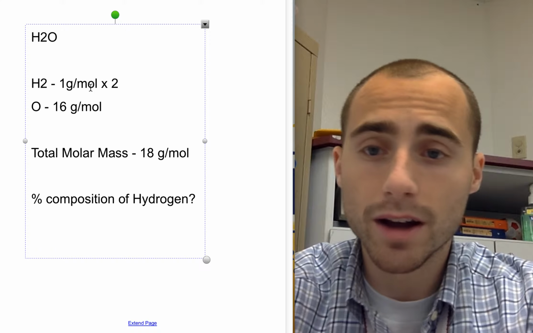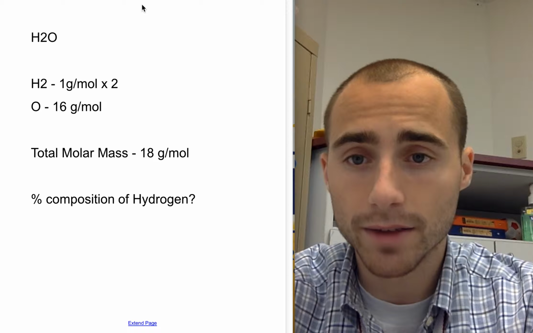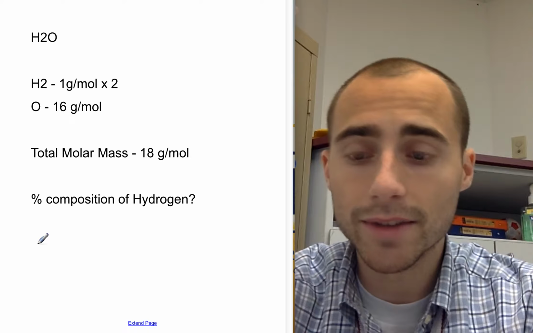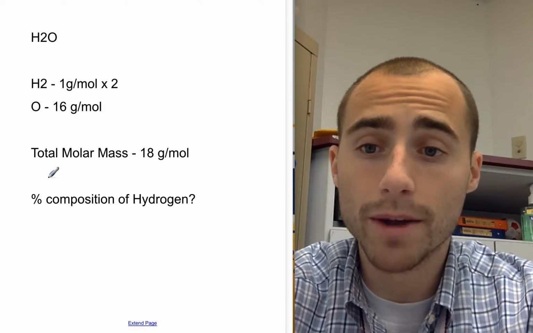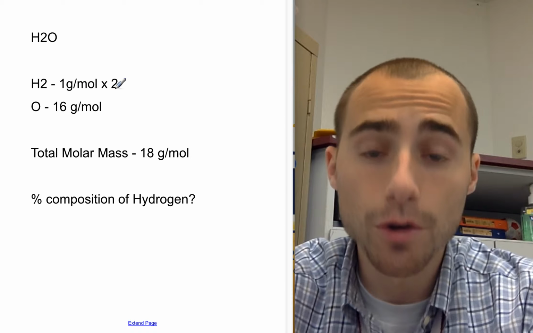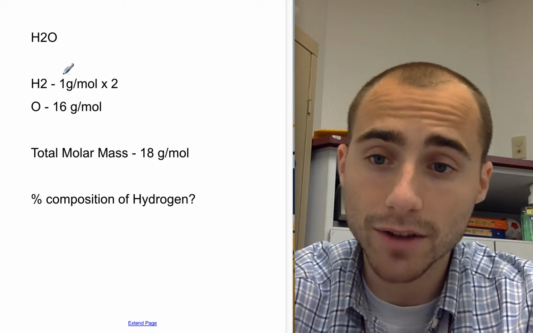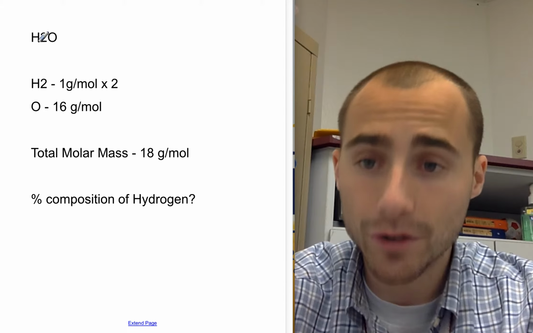Now I want to know the percent composition of hydrogen. So what do I do next? I have to take the mass of whatever element I'm dealing with, which in this case is H2. Because hydrogen is not just 1 gram per mole, it's H2O, so I have to do 2 grams per mole. You have to do the total mass of whatever element you're dealing with.